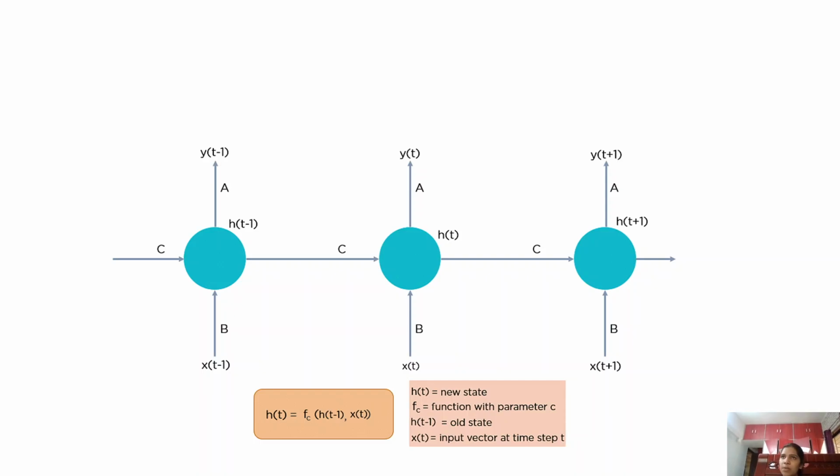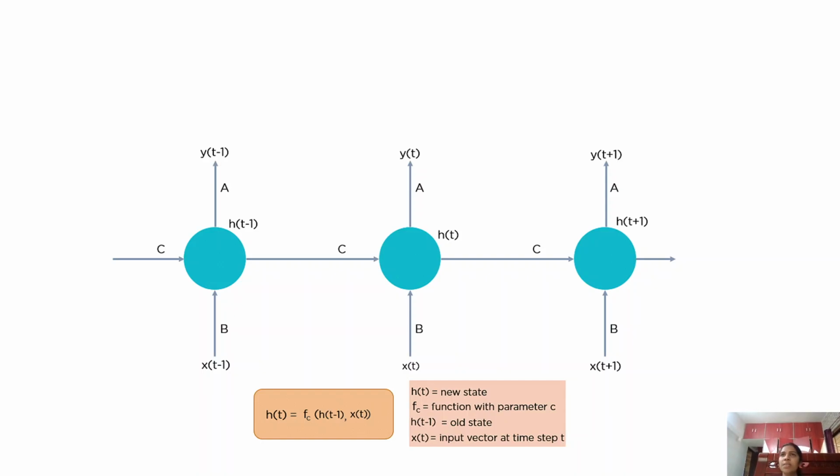So the first input is forwarded first in; this is a variable input, right? For example, we can consider x of 0, x of 1, x of 2 as the sentence I wanted to give to the network: my name is Arun. So x of t minus 1 will be my, x of t will be name, and x of t plus 1 will be is.